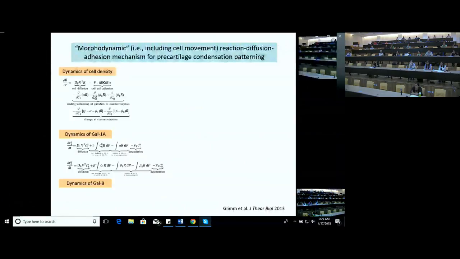Okay, and what we found is that the system could form patterns, and it would form very regular patterns.